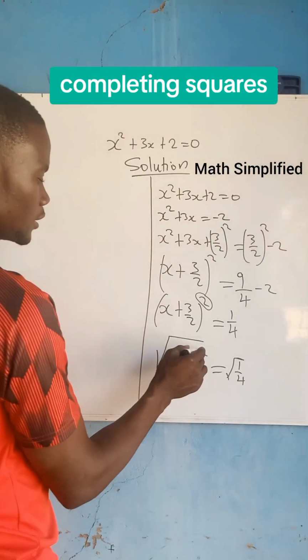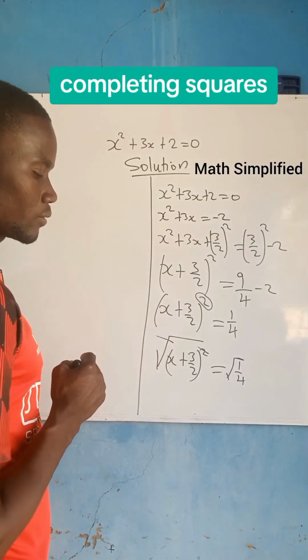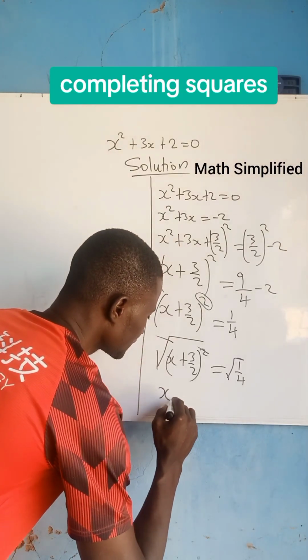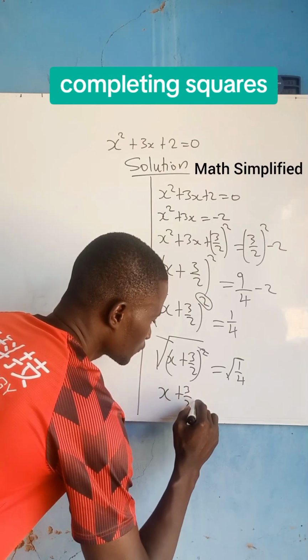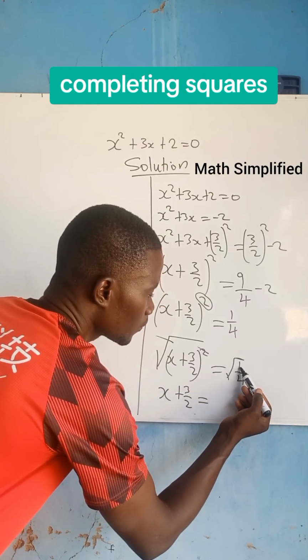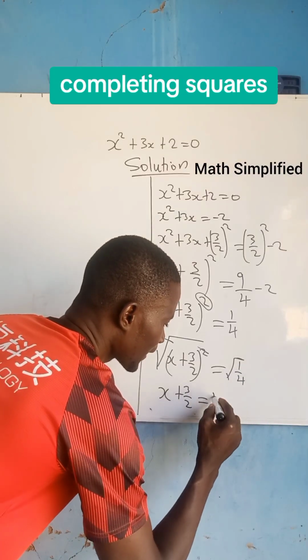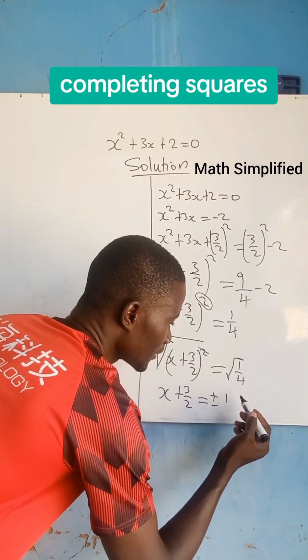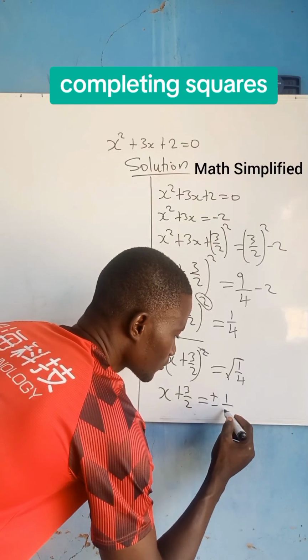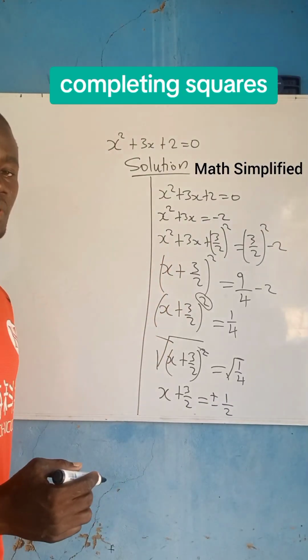Now this will cancel this. We now have x plus 3 over 2 equal to square root of 1, which will give us plus or minus 1, and square root of 4 will also give us what? Plus or minus 2, isn't it?